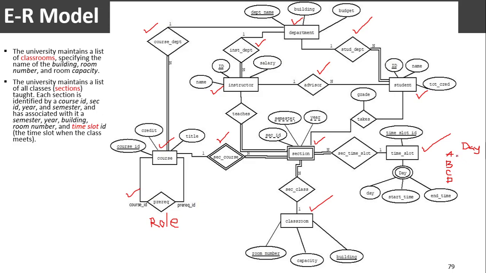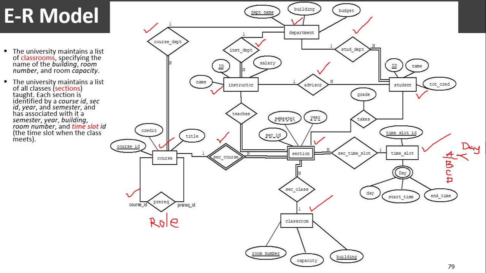So every time slot is available on several days, multiple days, and that is why we have created this day as the multi-valued attribute. So this day multi-valued attribute means for a particular time slot, say A, we may have multiple entries stored: on which day, and what is the start time and end time for this slot number A. What is time slot B, which is the day, what is the start time, end time.